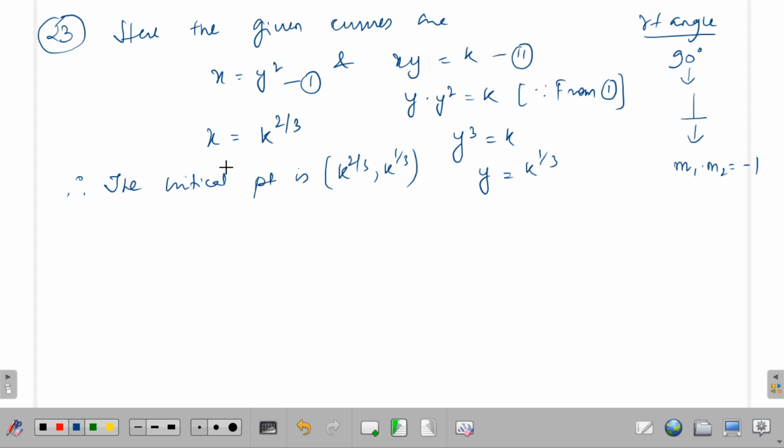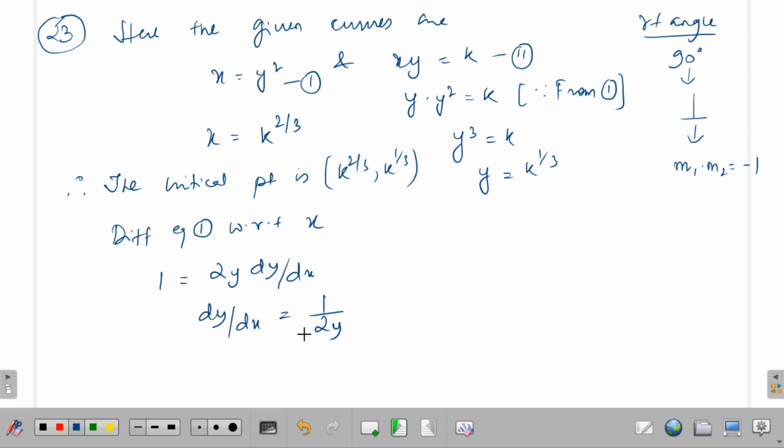Now, because I've been given two curves, two slopes will be there, different for equation 1 and equation 2. Differentiating equation 1 with respect to x, I get 1 = 2y dy/dx. In short, dy/dx is 1/(2y). So that is the slope: the first slope m1 = 1/(2y).